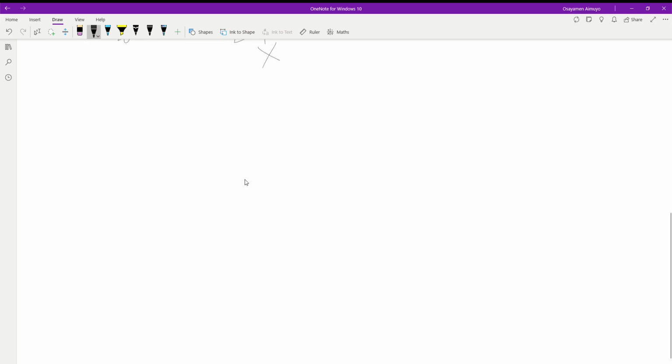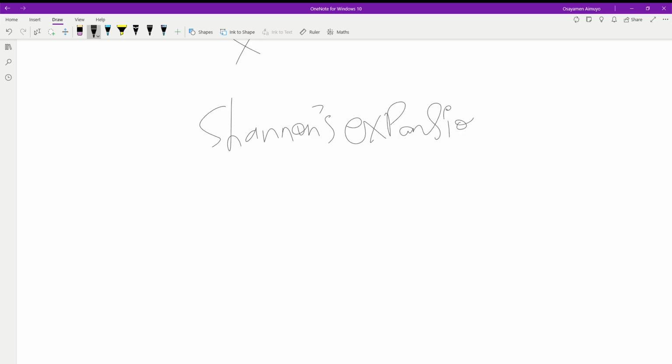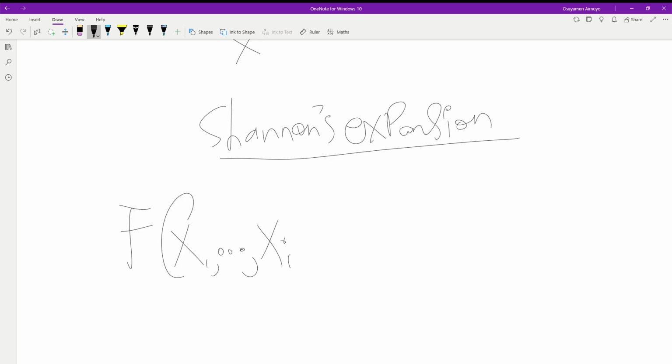So now, the general concept, right? The general concept for this is called Shannon's expansion. Okay, so formally, Shannon's expansion is something like this.